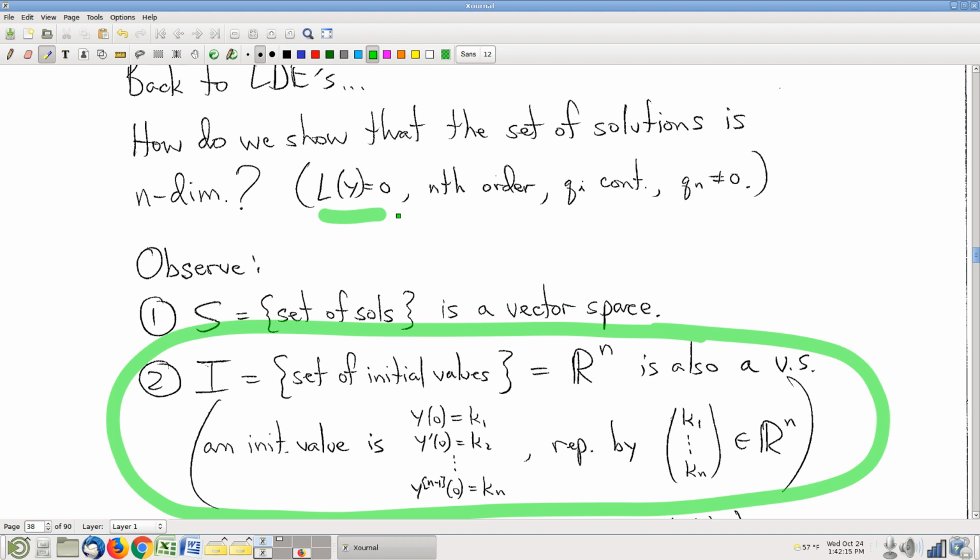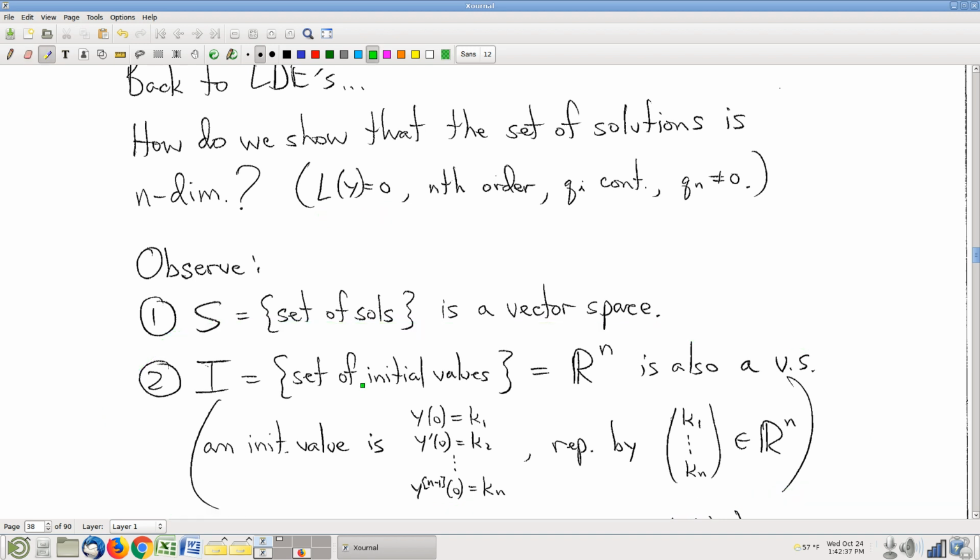So every one of these initial values is also an element of Rn. Well, of course, Rn is a vector space, right? If you think about it, it's not really a new observation. The only new observation is that you can think of initial values in this way. Okay. So we have two vector spaces. We have this set of solutions, and we have this set of initial values.